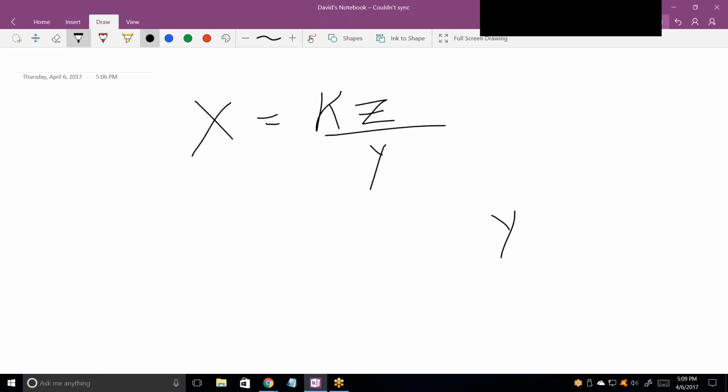Notice that when we had y varying directly with x, k is in the numerator. When we had y varying inversely with x, k is in the numerator. So k is always in the numerator, or in this case, you can say it's out front, but that's in the numerator. It's just not in the denominator, that's the important thing.